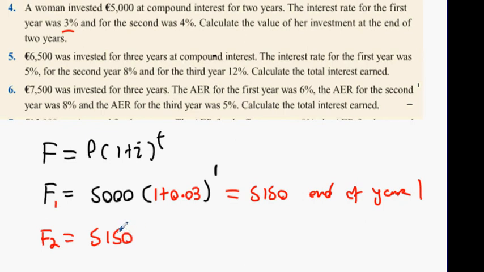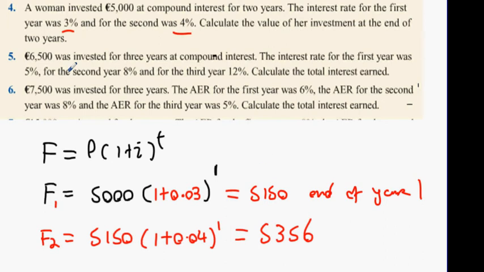We're investing it for 1 more year. 4% this time. 1.04. How many years? Just the 1. Multiply that. Charlie, are you paying attention to that? 5,356. Okay, and that's your total at the end of the 2 years now.